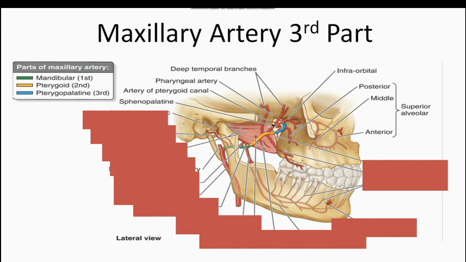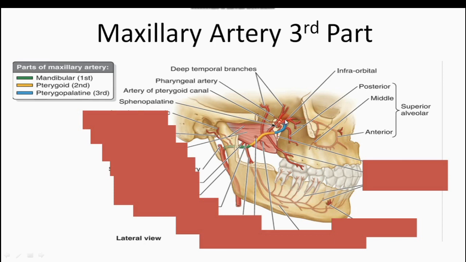This image is only to show you the third part, and after it the different branches, how they run, just to show you their course and relation.